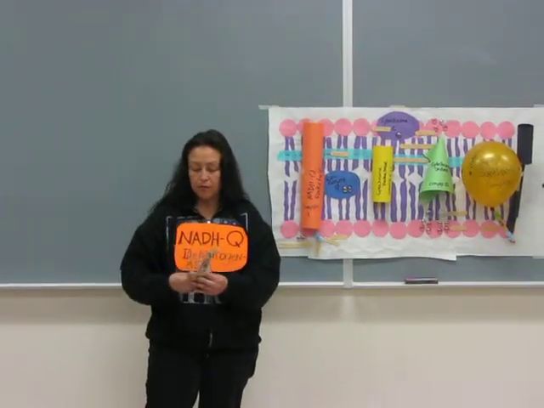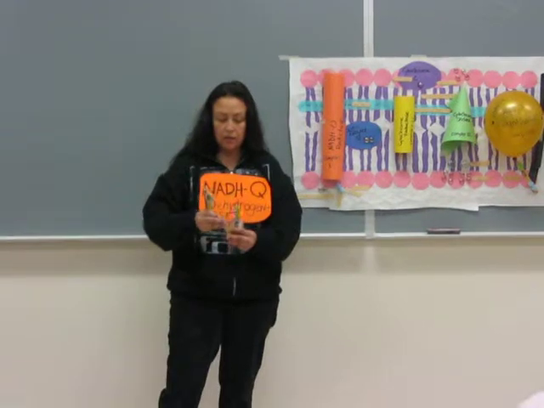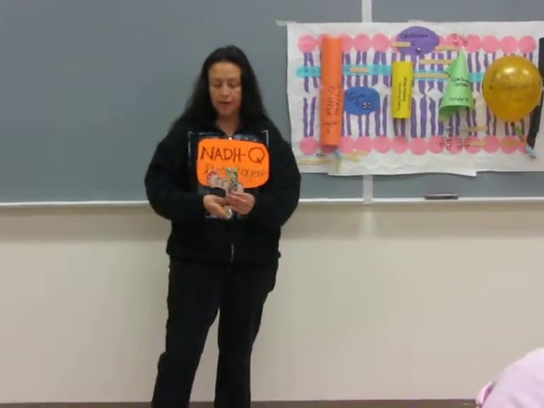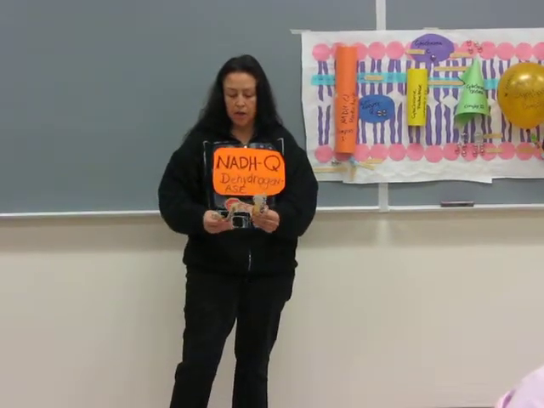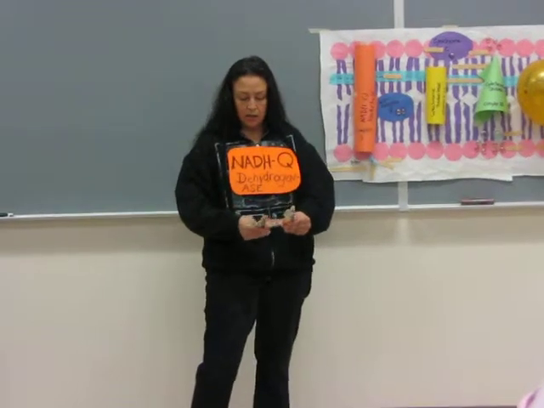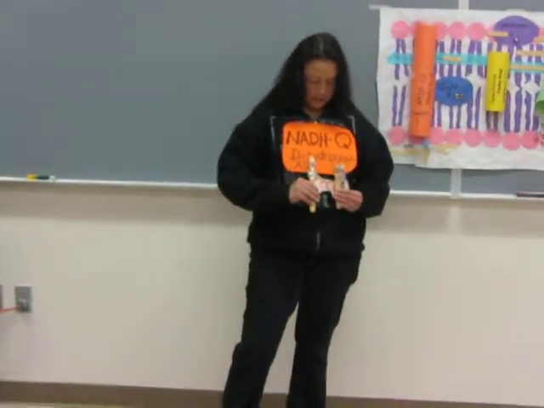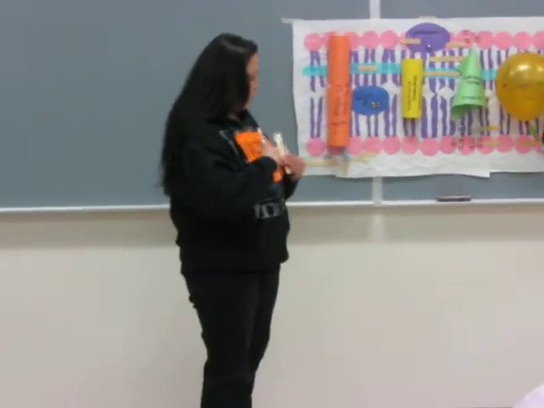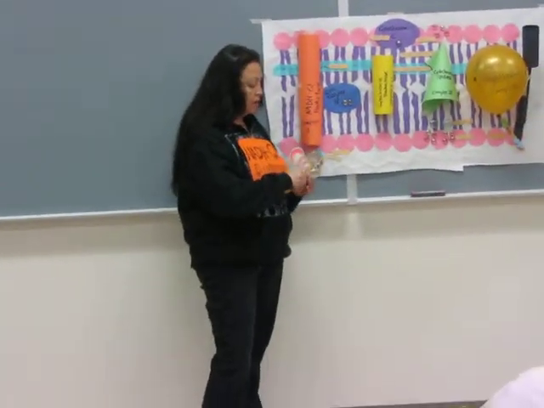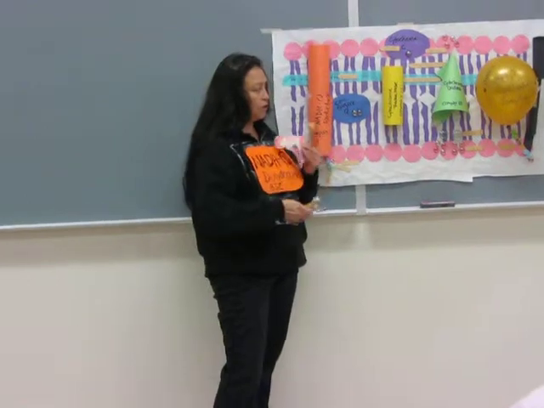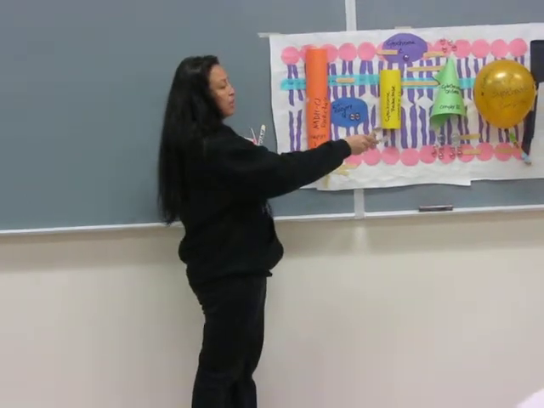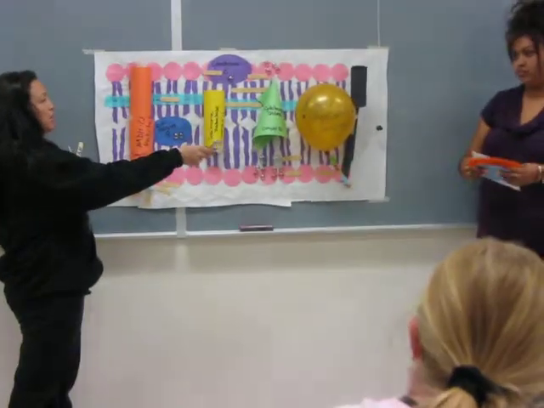For each electron there's a hydrogen, and it pairs up like this. It enters the NADH Q dehydrogenase, and two electrons are passed to the ubiquinone.